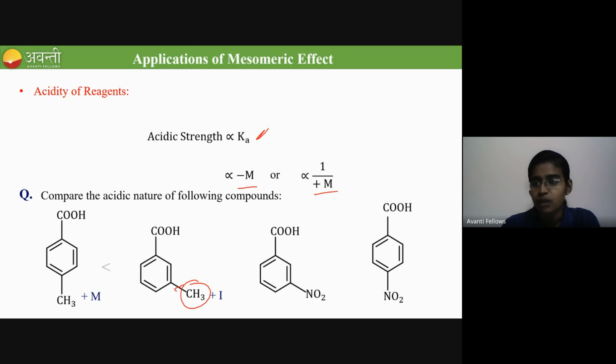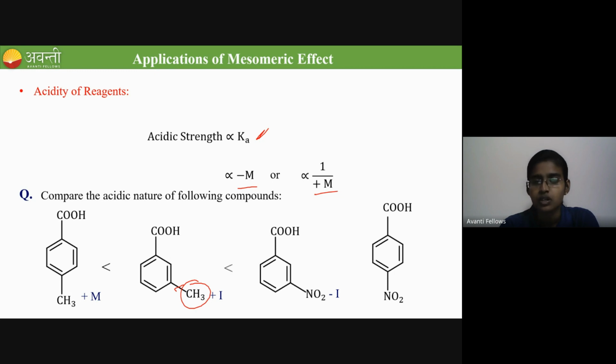Now coming to compound 3. Between compound 1 and 2, compound 2 is more stable, more acidic. In compound 3, you can see a nitro group at the meta position. The meta position should not have mesomeric effects, so the nitro group is considered a minus I group here.